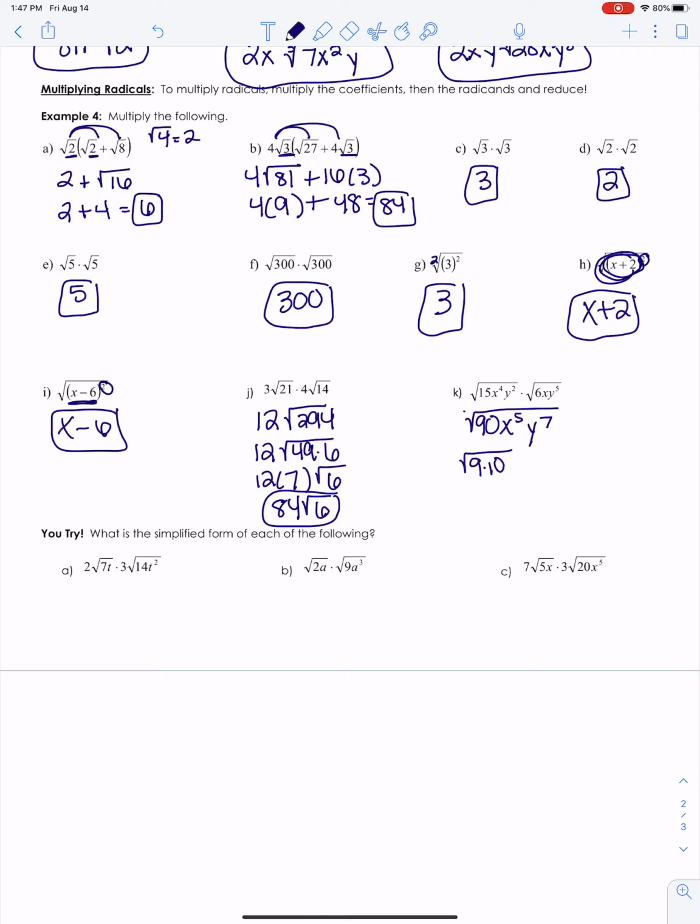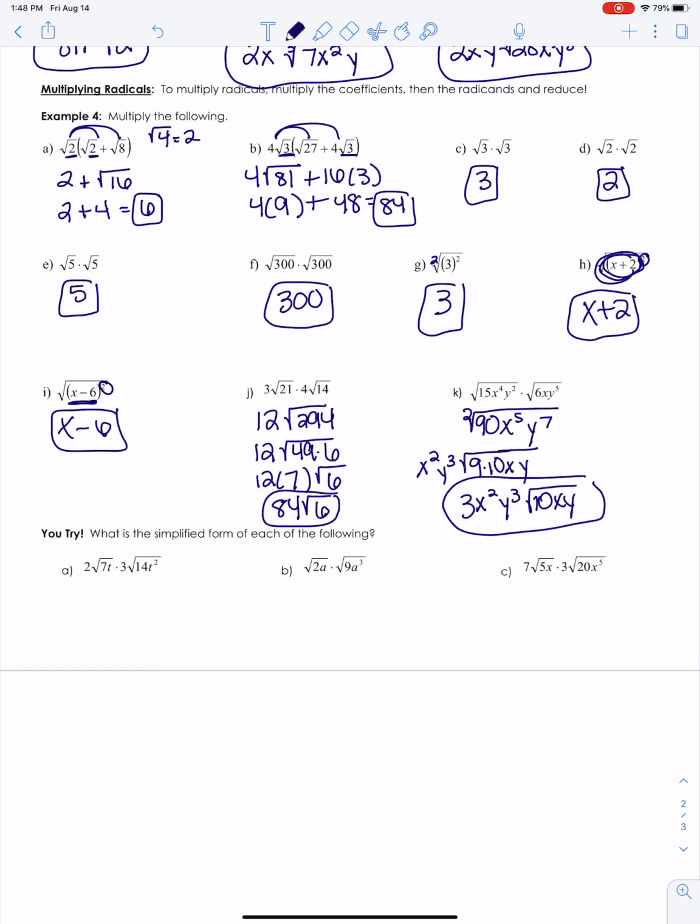Remember, my index is 2. 2 goes into 5 2 times with 1 left over. 2 goes into 7 3 times with 1 left over. Now I need to take the square root of 9, which is 3. And my 10xy stays.